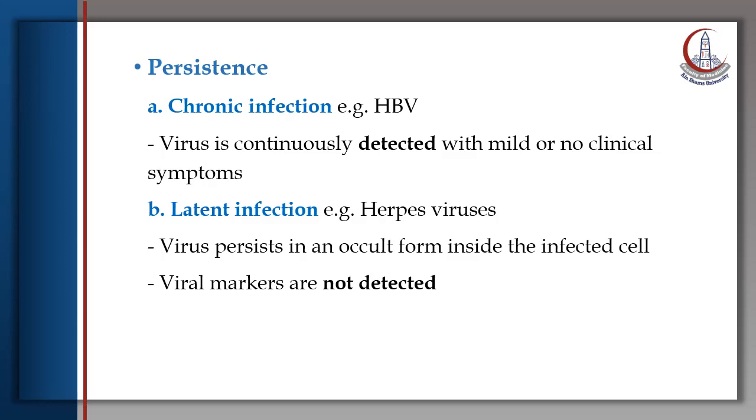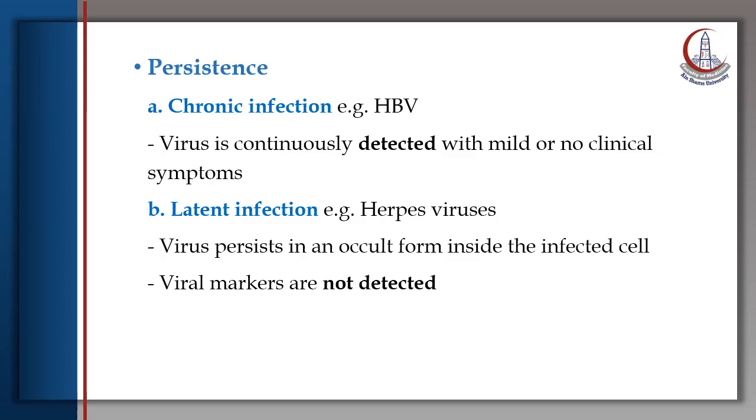As regards chronic infection, in this case, the virus is continuously detected with mild or no clinical symptoms. Even if there are no symptoms, the virus can be detected in this host, as in the case of hepatitis B virus.